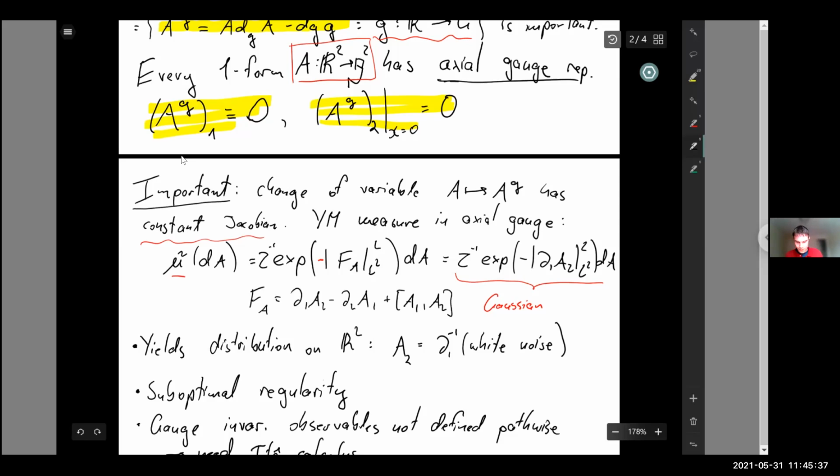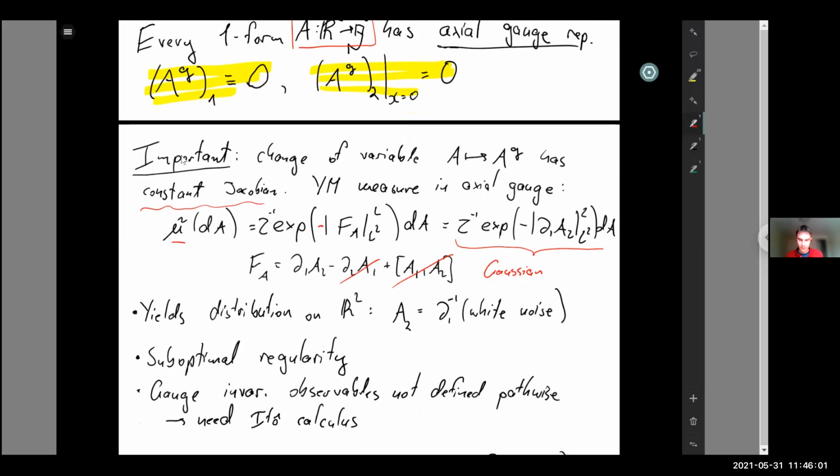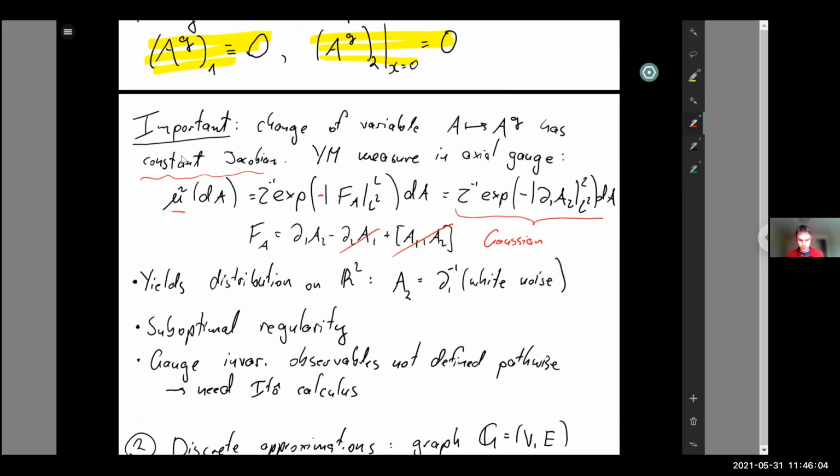Well, if your first component is identically 0, then this vanishes and this vanishes, and you're only left with partial_1 A_2. And so your measure essentially becomes something that looks like a Gaussian measure. You've killed off all the nonlinearities which are non-quadratic. This is quite a remarkable thing that happens in 2D. So this gives you a distribution on R2, and the interpretation of this is that A_2 should be like partial_1 inverse of a white noise, Lie algebra valued white noise.